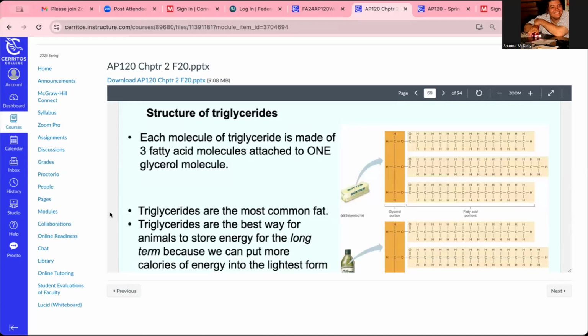Triglycerides are the most common fat. Triglycerides are the best way for animals to store energy for the long term, because we can put more calories of energy into the lightest form.